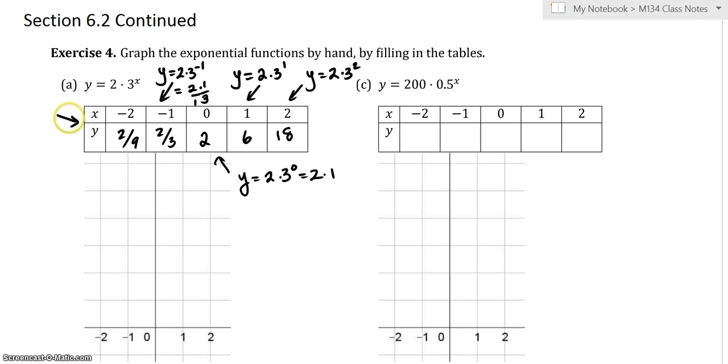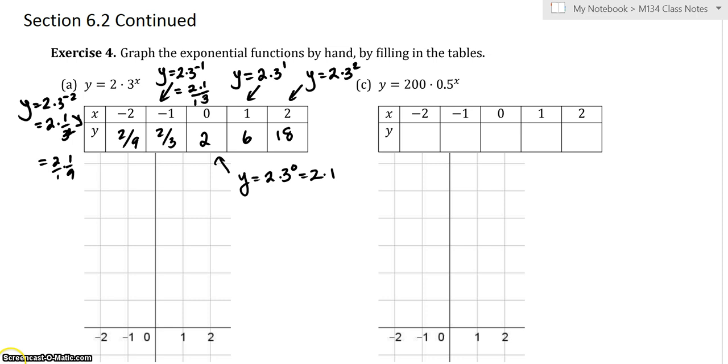And finally, I can do this last one. 2 times 3 to the negative 2, whoops, let me rewrite that. That means 2 times 1 over 3 squared, which is 2 over 1 times 1/9. So that's how you get those.